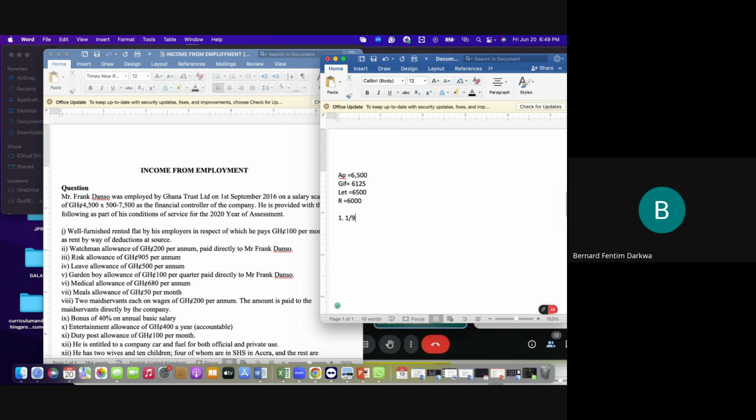1st September 2016 to 31st August 2017. And the basic salary for that one was 4,500. Okay, good. So that is the first one.